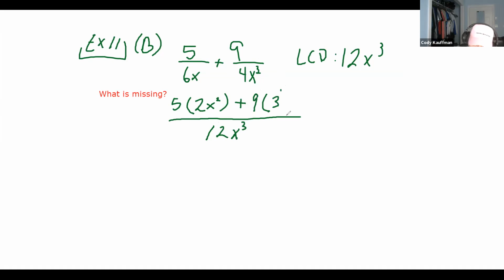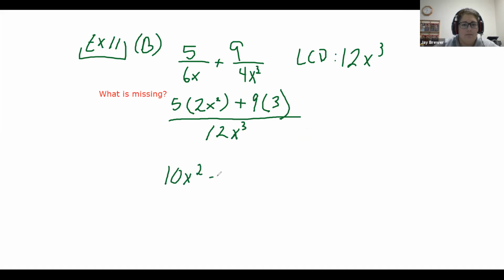Mm-hmm. And we already have our x cubed, so we don't have to do anything else. So that's it. We've brought it together, and now we just need to simplify and cancel out if we can. So 5 times 2x squared will give us 10x squared. 9 times 3 gives us 27 over 12x cubed. And that is your final answer.